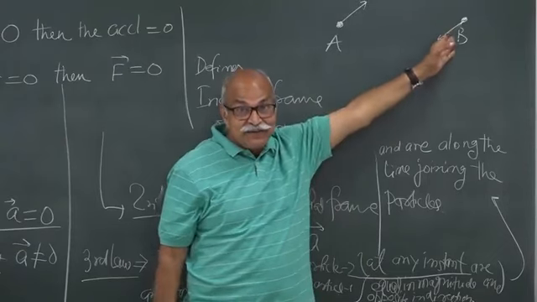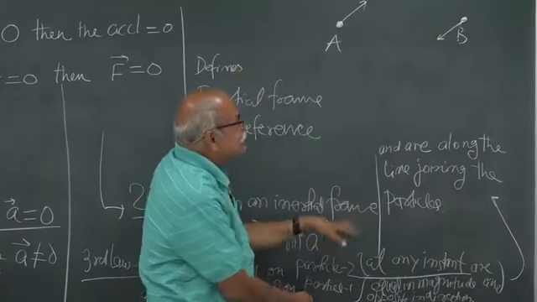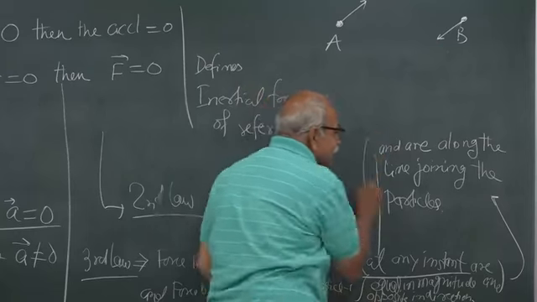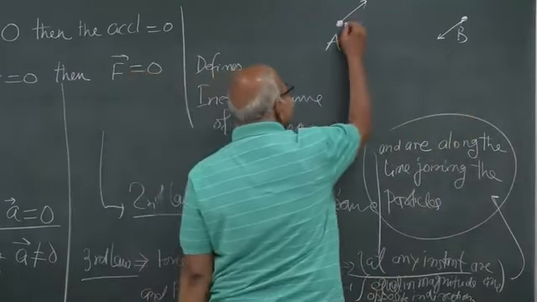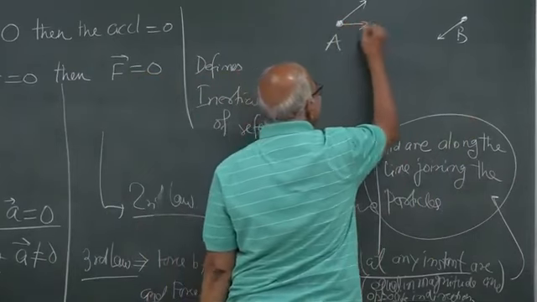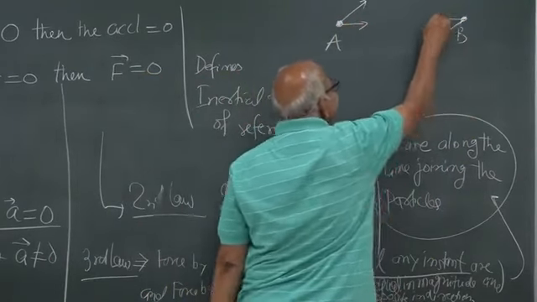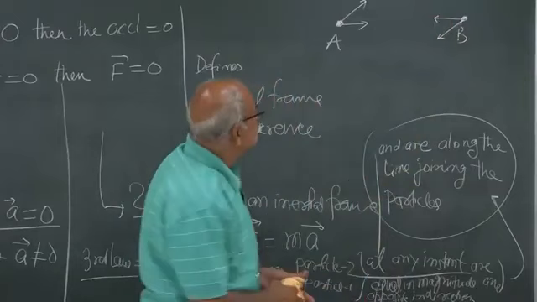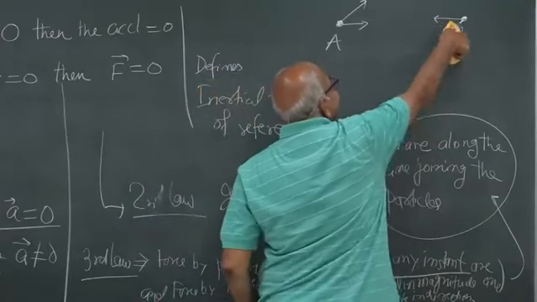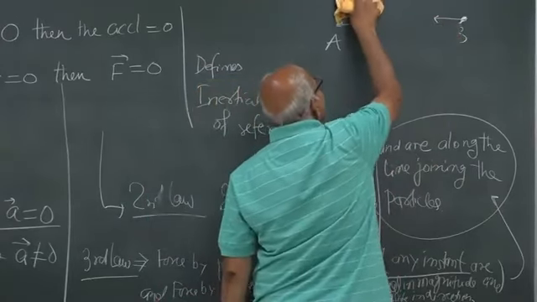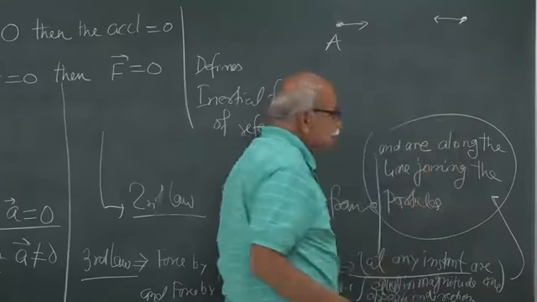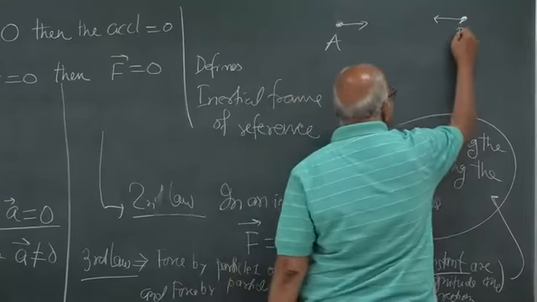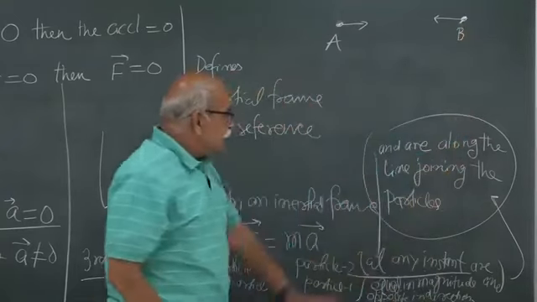The magnitudes are equal. So, this statement is satisfied. But the other part which you can add is that no, these forces are along the line joining these two particles. Okay.